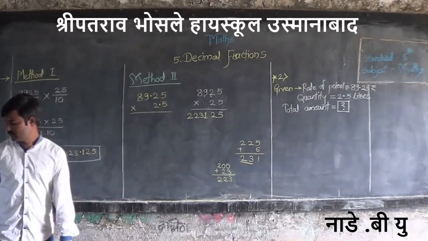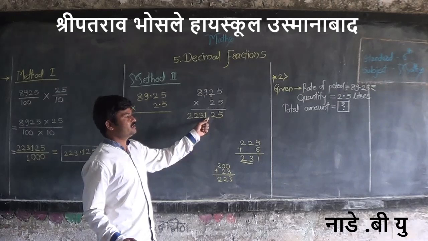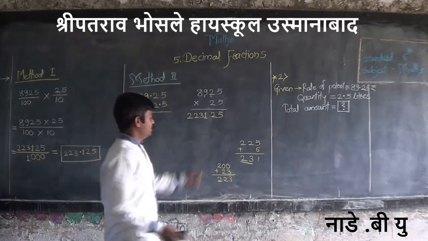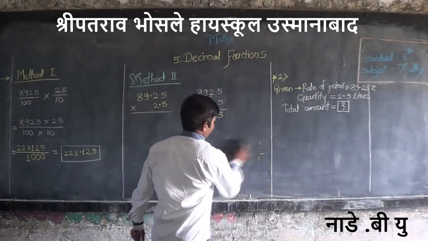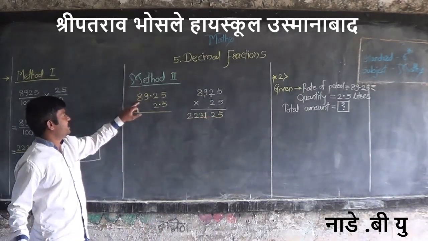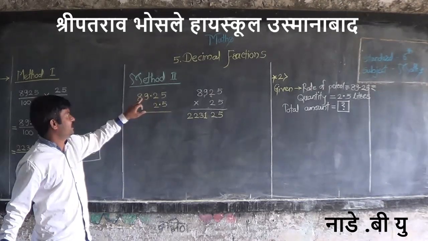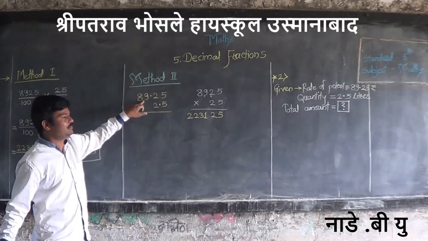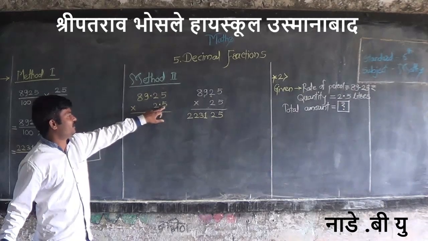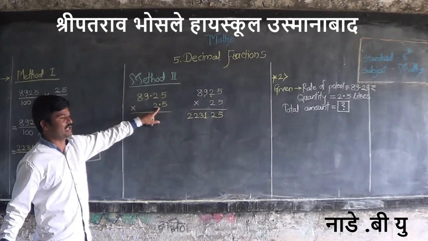Here the remaining question is at which place, or between which two digits, to put the decimal point. Here you know 89.25 is a two places decimal fraction and this is the multiplicand, and 2.5 is a one decimal place fraction. This is the multiplier.